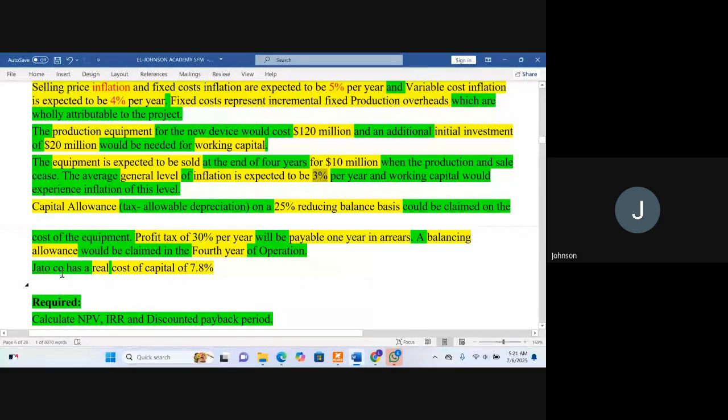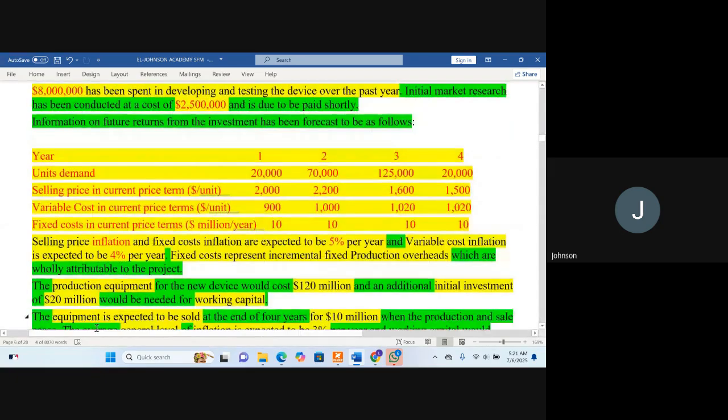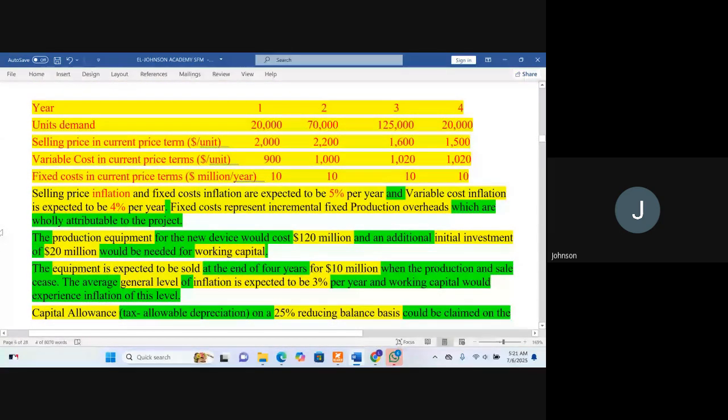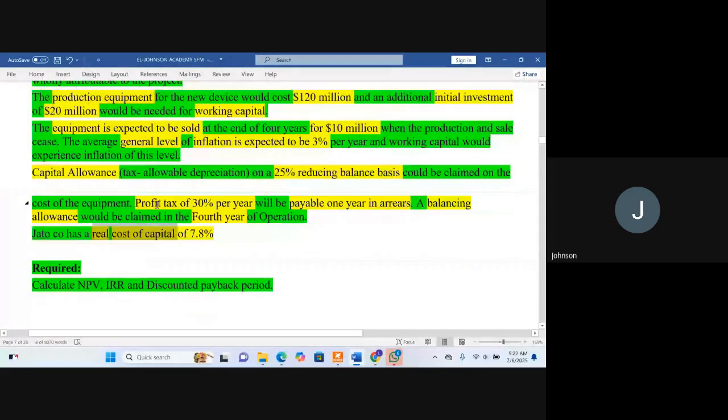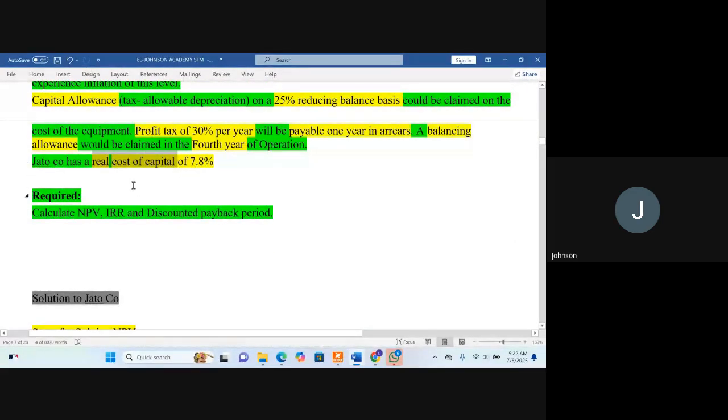They now say that Jatoko has a real cost of capital. I told you, they want to test you. They know that when all the cash flows are in real terms, they expect that when you check your cost of capital, the cost of capital also is in real terms.